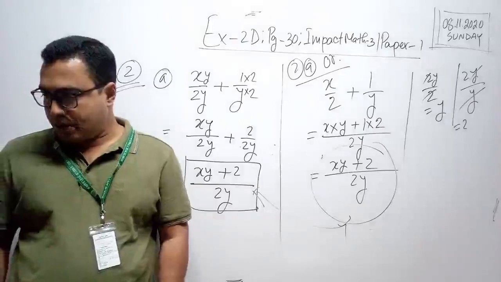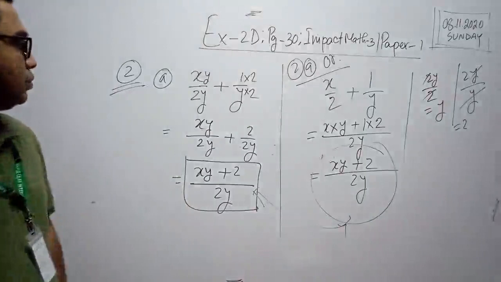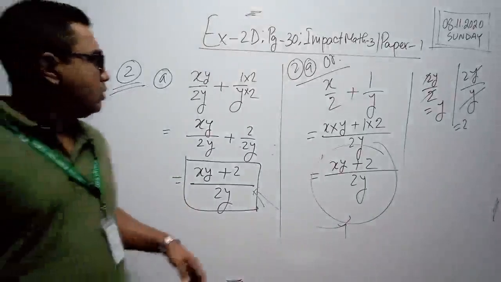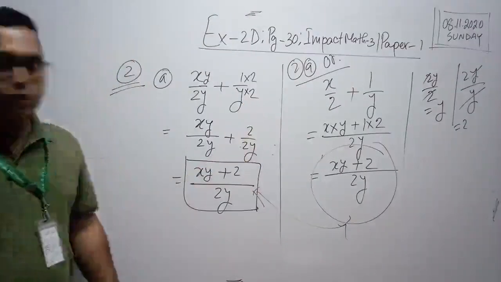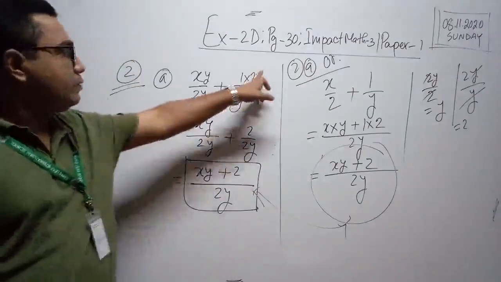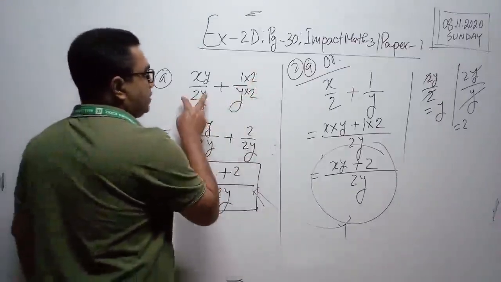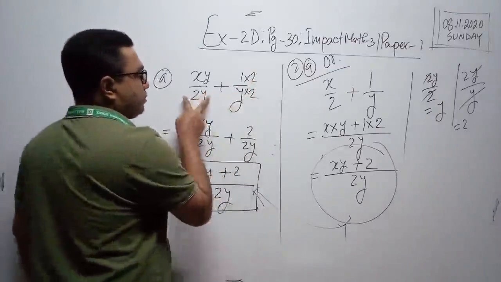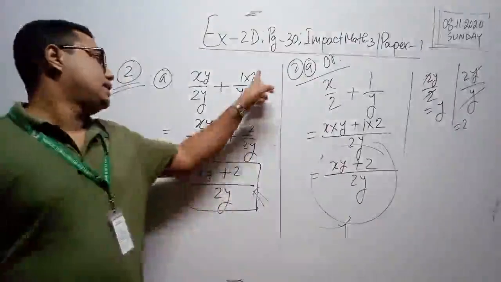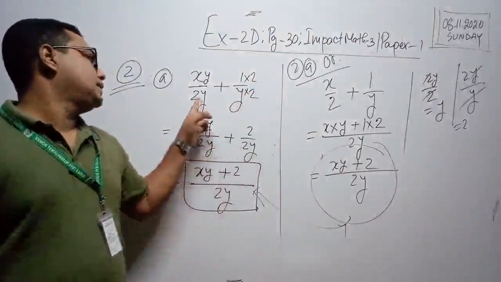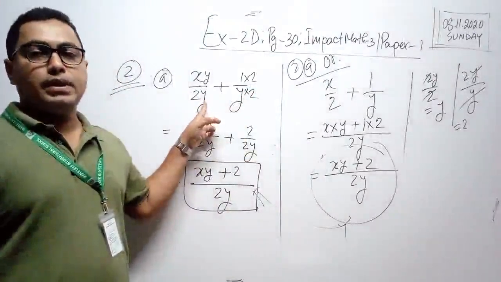Zara Hossain, you asked the question, why will we take 2? The question is not specified. Here we are taking 2 to make the same denominator here, 2y and 2y. That is the reason why we are taking 2 here. And here we have y, we need a y, the left-hand denominator.